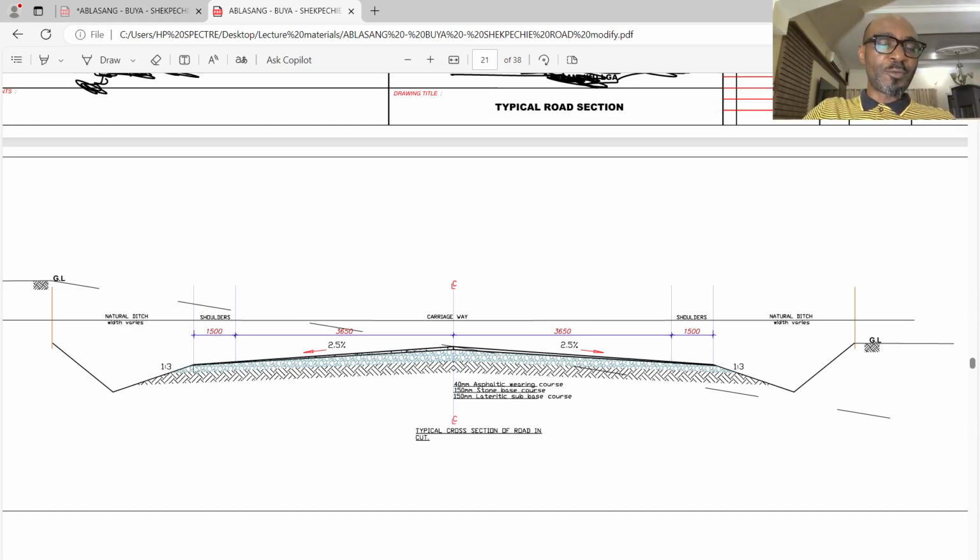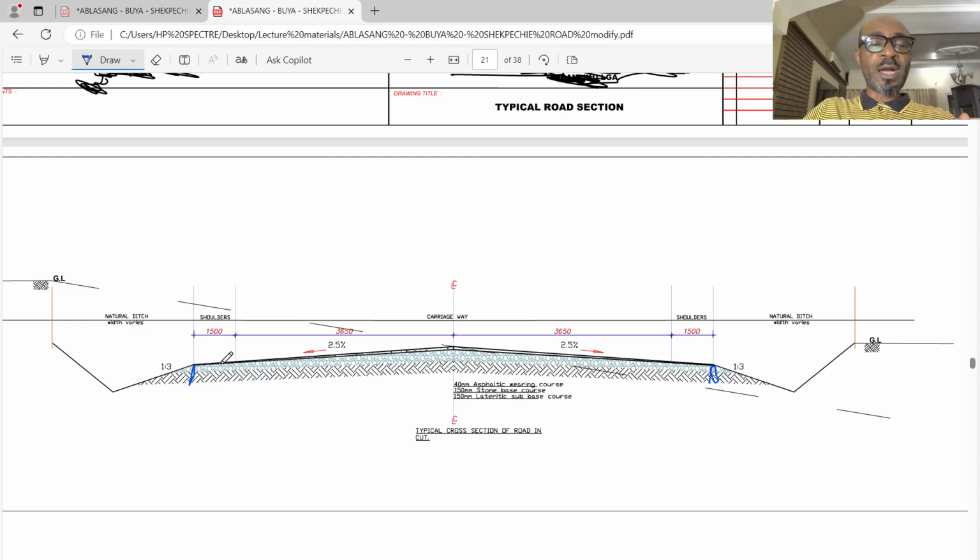So if you draw this line downward, you have a right angle triangle.